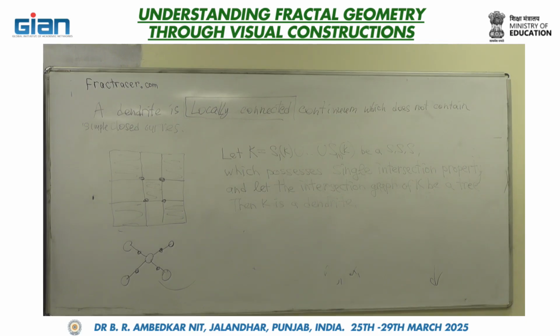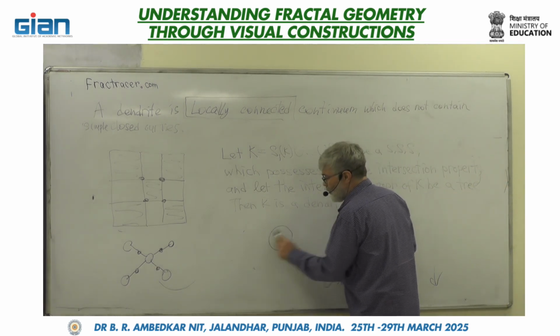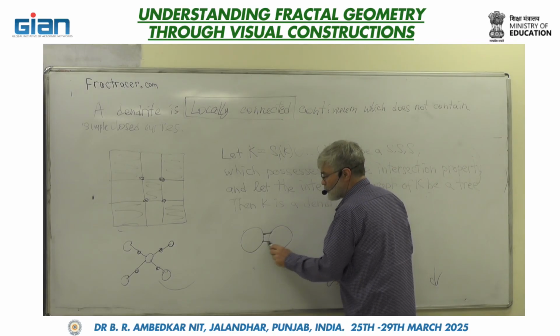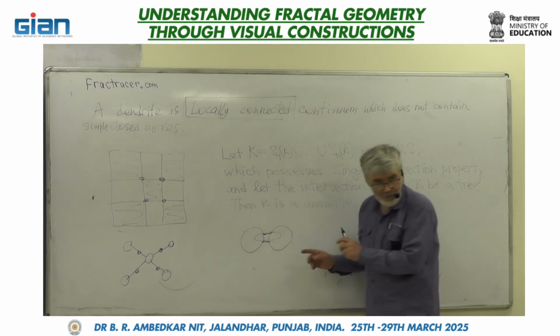Yes, because this theorem considers the systems of continua which possess single intersection property. As you understand, if we have a dendrite whose copies intersect in 2 points, then this is not a dendrite, because there will be a loop.